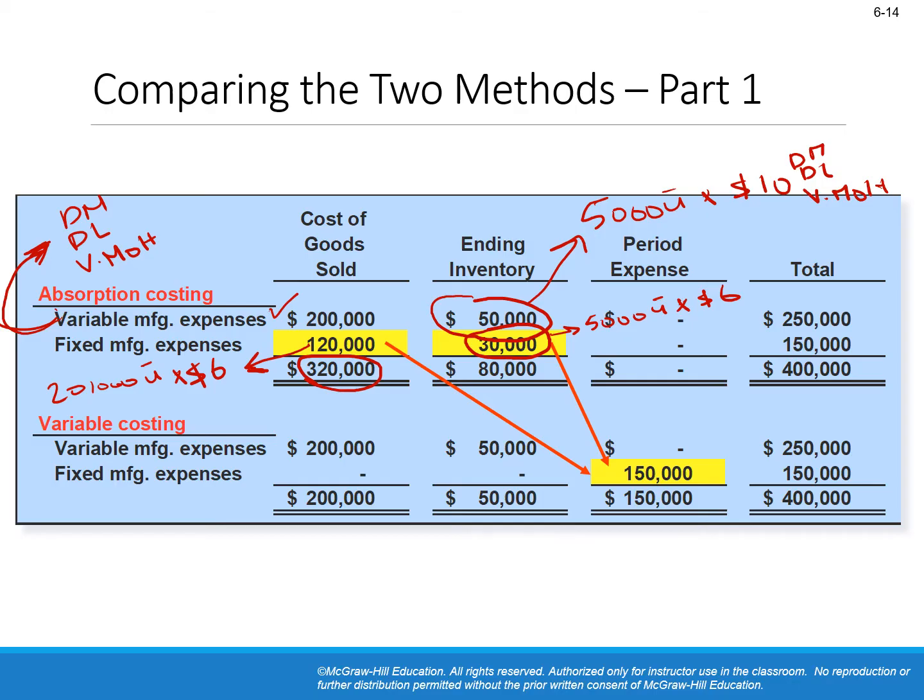Now, this is the reason why we have a difference in the net operating incomes between the absorption costing approach and the variable costing approach, and I established this in the prior slide.